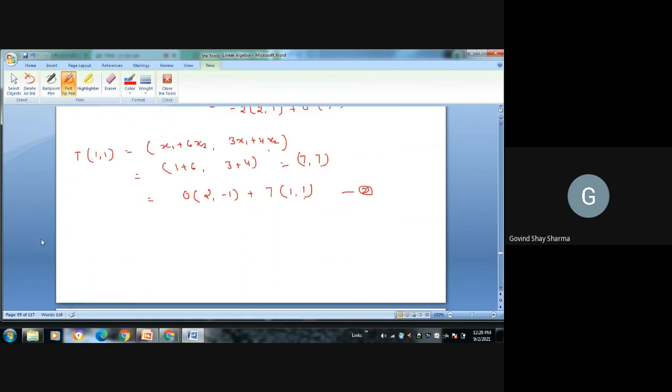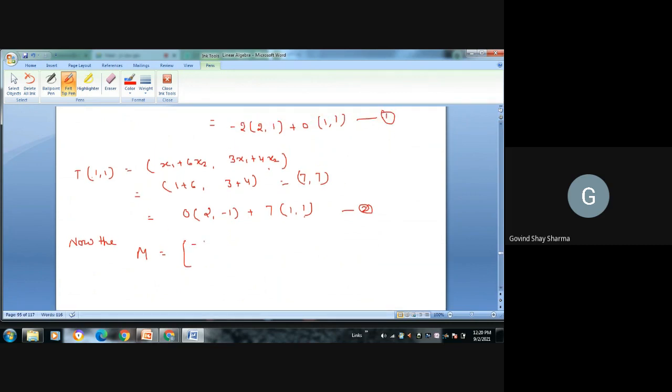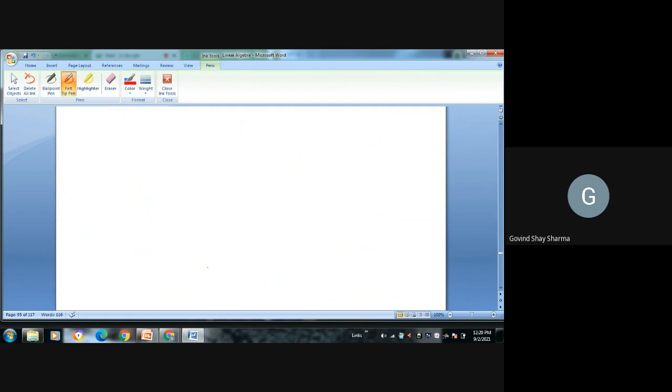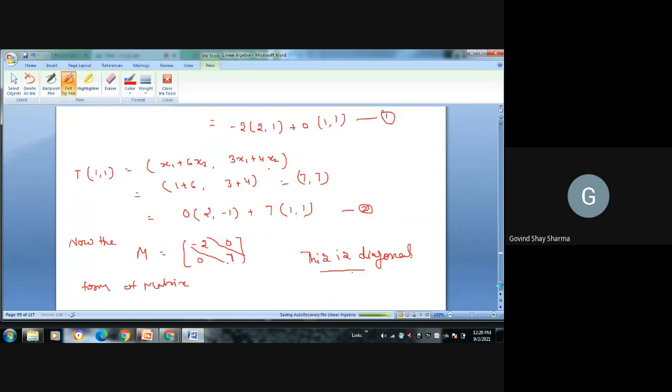Now the matrix becomes M with diagonal entries -2 and 7, and zeros elsewhere. This is our matrix, and it is in diagonal form.